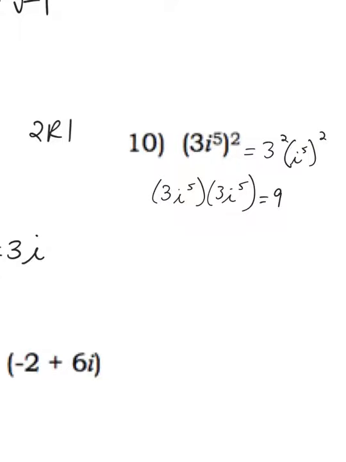This is going to be 9i to the 10th. Remember that 4 goes into 10 twice with a remainder of 2. So this is 9i squared. On my i chart, i squared is equal to -1. So I have a purely real result, which is -9.